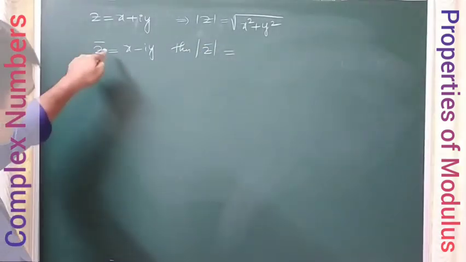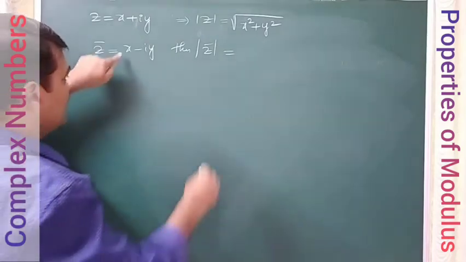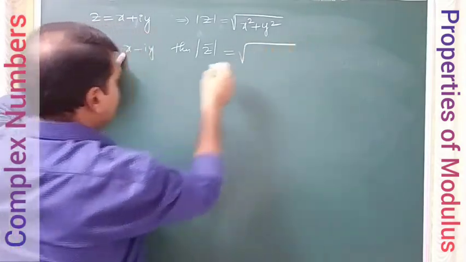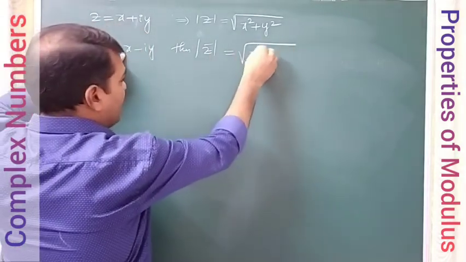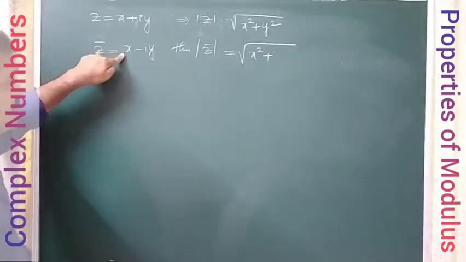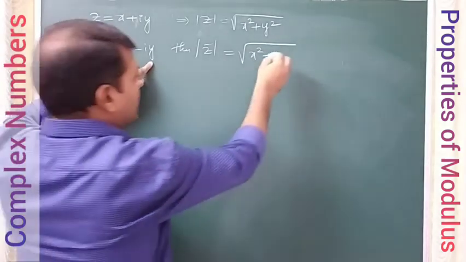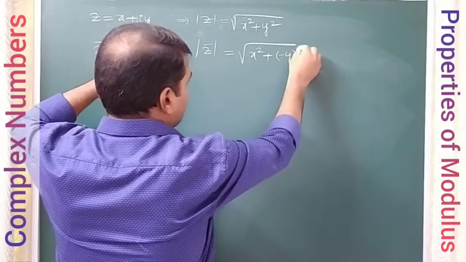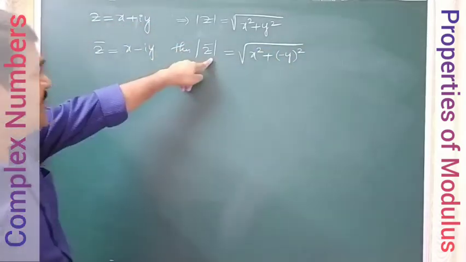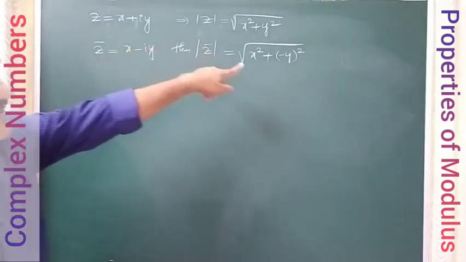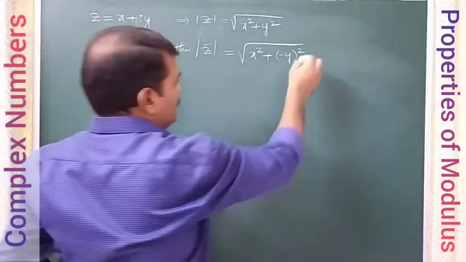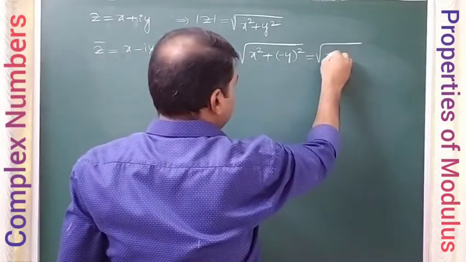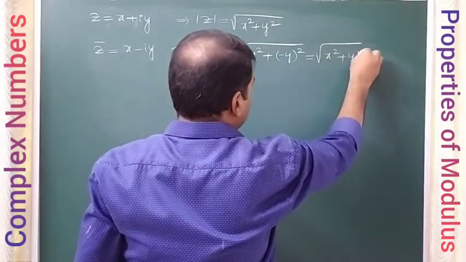Modulus of this complex number means under root of the square of the real part plus the square of the imaginary part. So we can write this as under root x square plus y square.